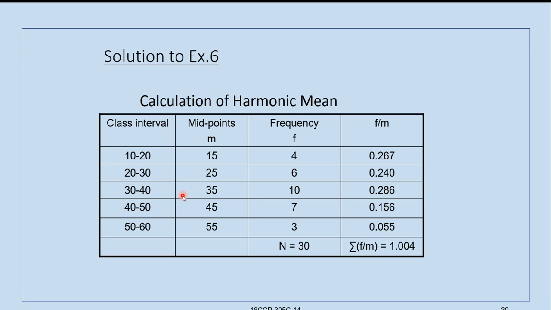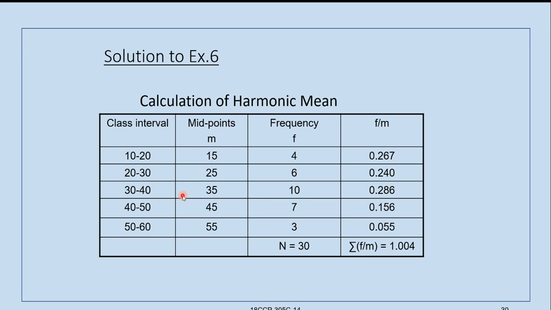So after taking reciprocals only, you attempt to multiply the frequency with the reciprocals. That means 1 by 15 into 4, 1 by 25 into 6, 1 by 35 into 10, 1 by 45 into 7, and 1 by 55 into 3.